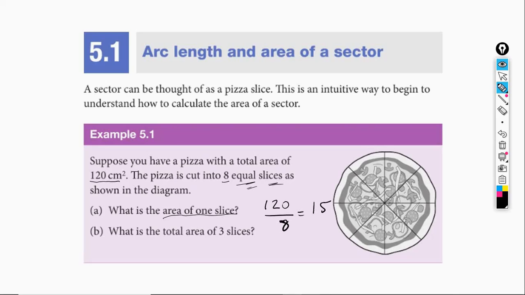And don't forget the units, we have to write centimeters squared. So that would be the answer for A. How about the total area for 3 slices? Well, if 15 is one slice, then certainly 3 times 15 would give us the total area of 3 slices. So this is equal to 45 centimeters squared.